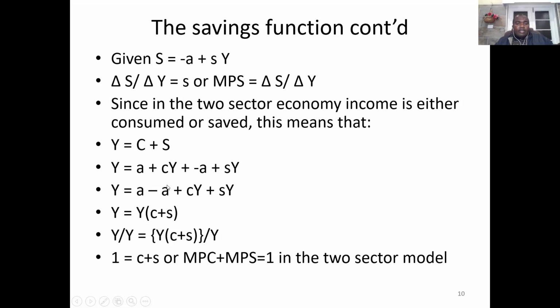Remember that A minus A is 0, so it is degenerated. The A is no longer there in this function. So we now have Y is equal to Y factor of C plus S. And then we divide both sides by Y to get Y over Y equals, open curly bracket, Y factor of C plus S, close curly bracket, all over Y. And then we get 1 being equal to C plus S, since the Y is eliminated from the right-hand side.